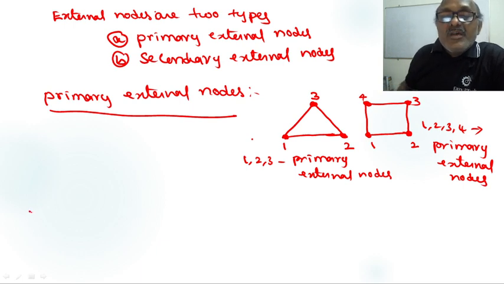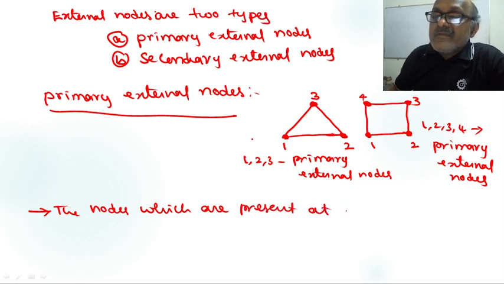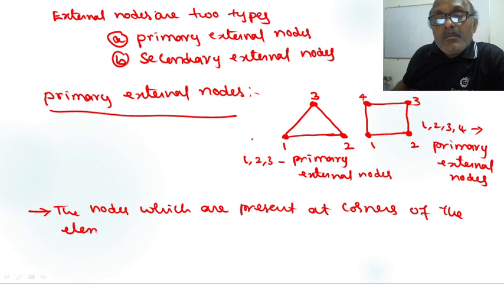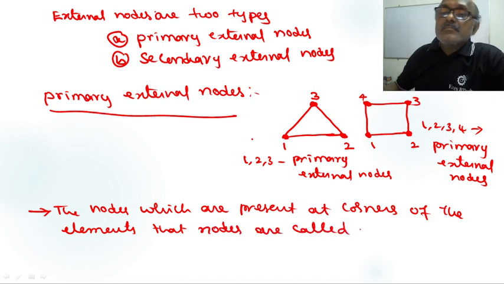Now the nodes which are present at the corners of the elements are called primary external nodes, my dear students.